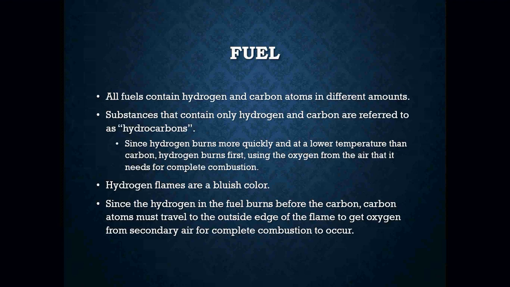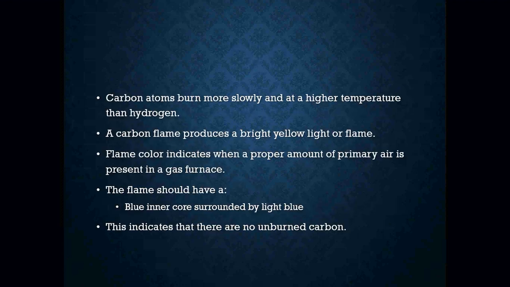Since the hydrogen in the fuel burns before the carbon, carbon atoms must travel to the outside edge of the flame to get oxygen from the secondary air for complete combustion to occur. Carbon atoms burn more slowly and at a higher temperature than hydrogen. Your carbon flame produces a bright yellow flame.